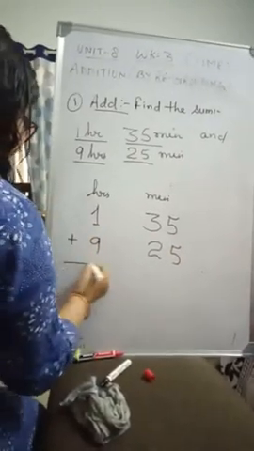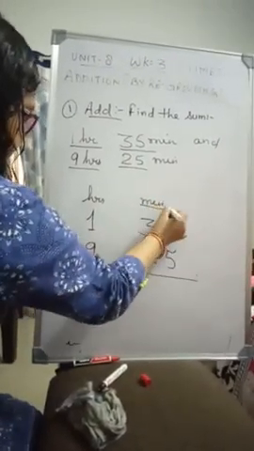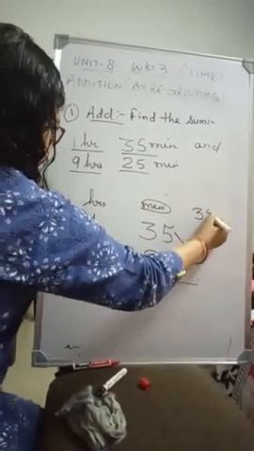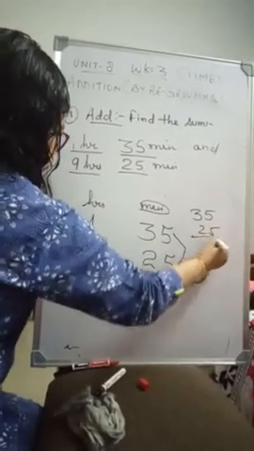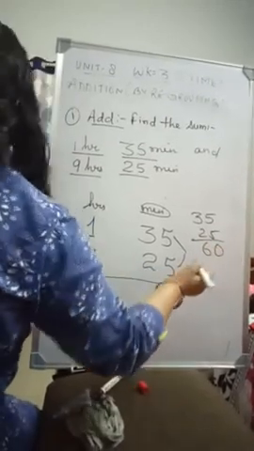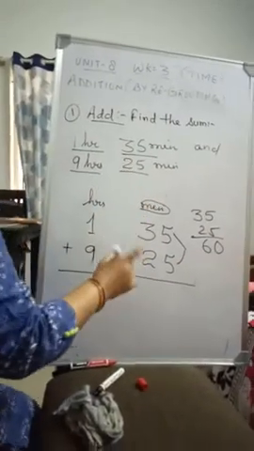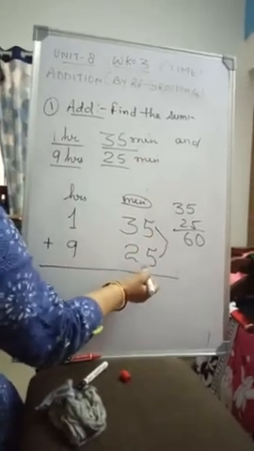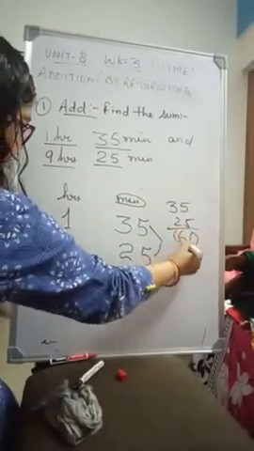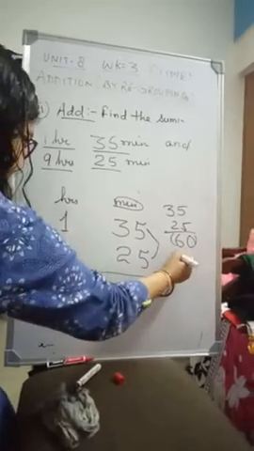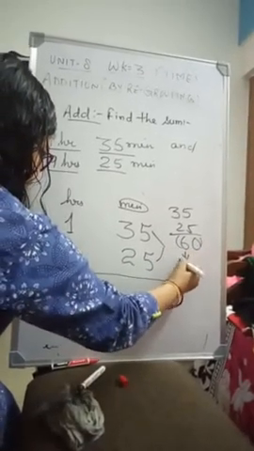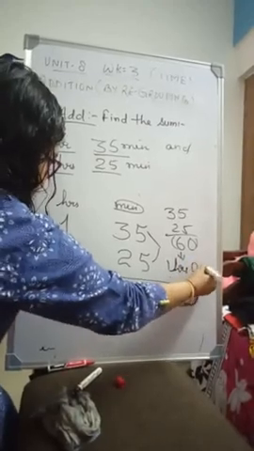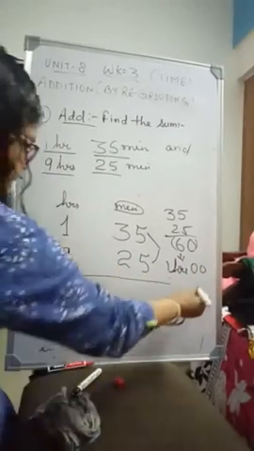Now we will do addition. Firstly we will add the minutes. So 35 plus 25 is equal to what? 60. Yes, what I have told you, when you are adding in minutes and it is 60, then you cannot keep it here. So 60 minutes means 1 hour and 0 minutes.